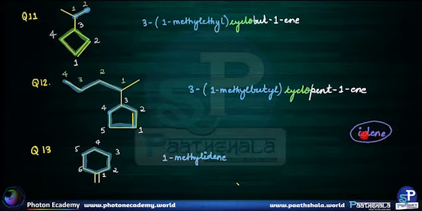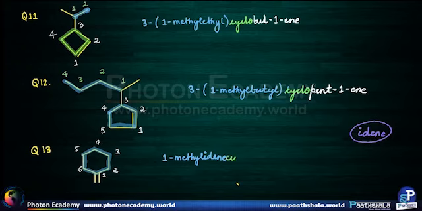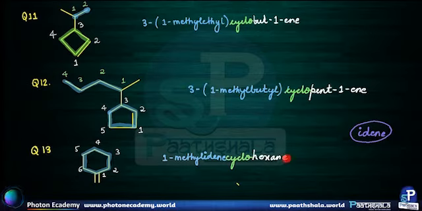So just remember this, whenever such kind of problems come, in your substituent, it is a methyl substituent that's attached with a double bond. You always add this ylidene to your prefix. The further numbering will be methylidene, cyclo and hexane. So this is the correct IUPAC name for this compound, and this is a really important compound.